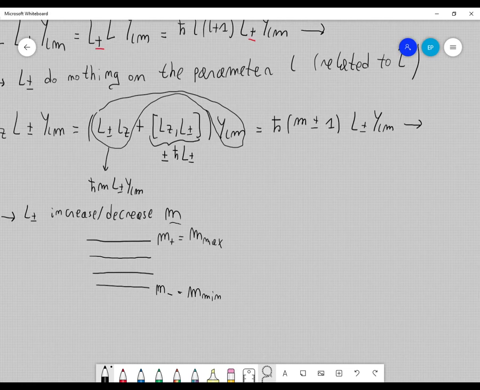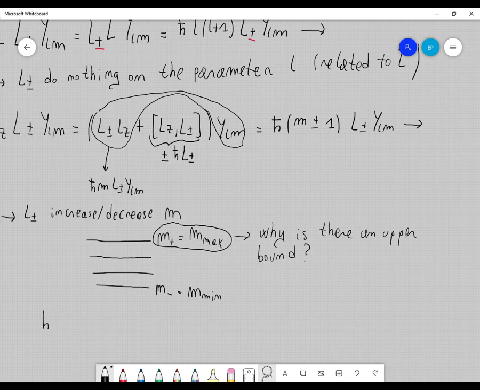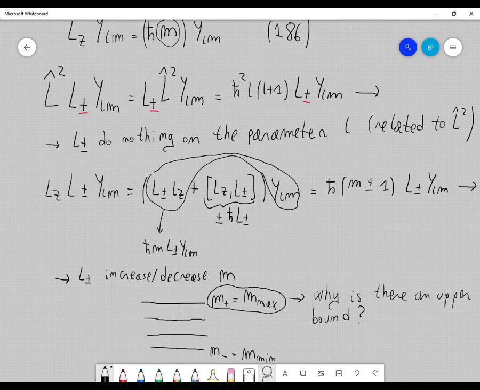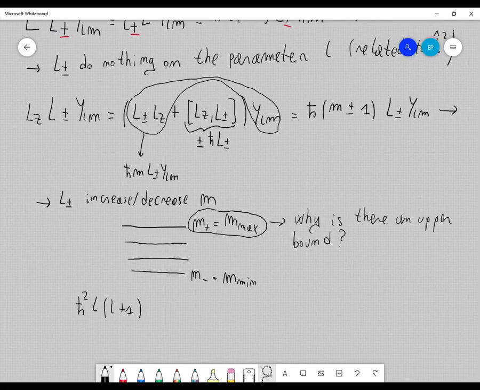Now, why does M have an upper bound? Well, because h bar squared L times L plus 1 is an eigenvalue of L squared, and if you think about classical physics, L squared should always be greater than or equal to the square of each component of angular momentum.